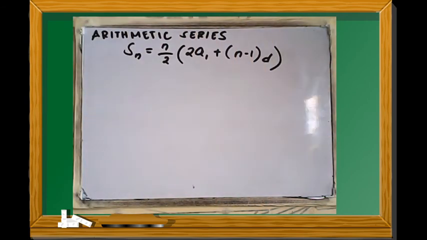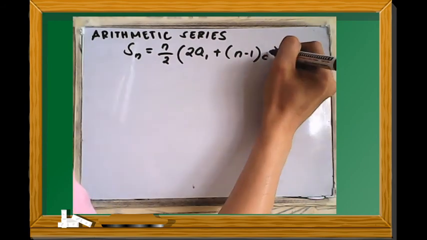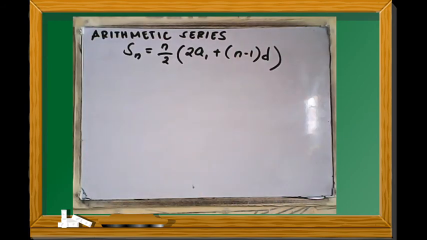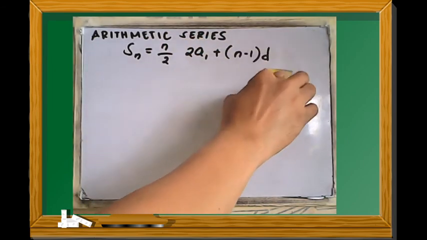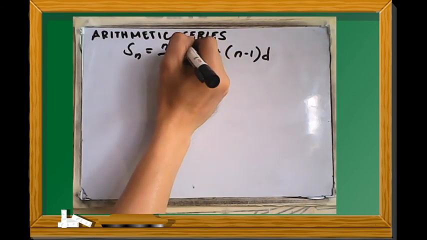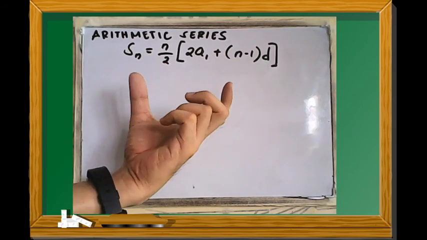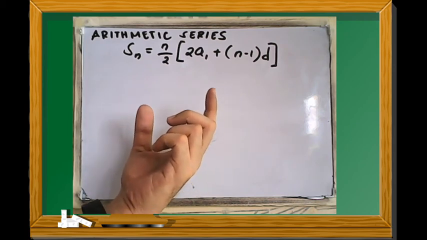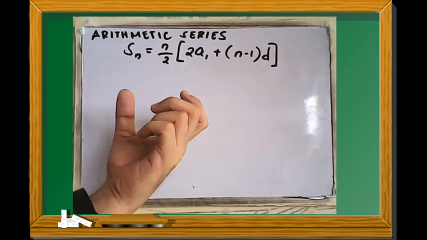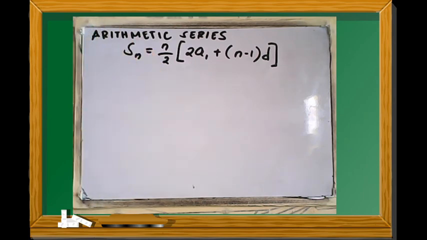So, aside from the first formula, we can use this if the missing are S sub 10 and also the value of the last term, a sub n.